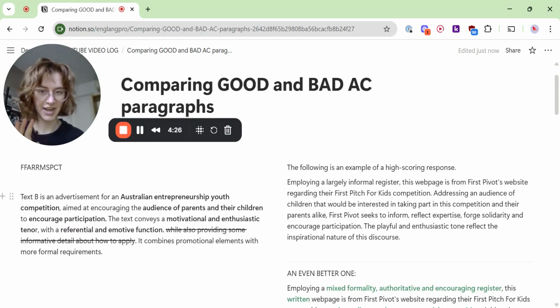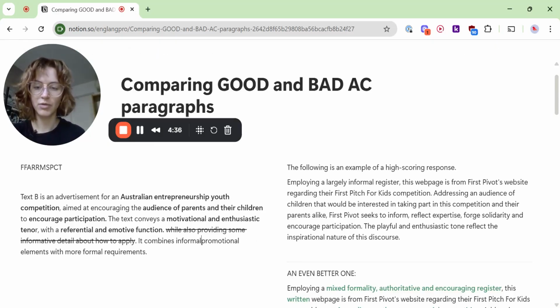This is their attempt at register. Let's be more overt with it. So it combines promotional elements. It combines informal, enthusiastic, childlike, I'm talking about the parts where they've got lots of exclamation marks and using parallelism. Informal, enthusiastic, joyful, exciting.